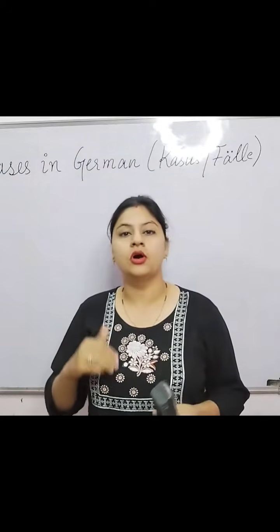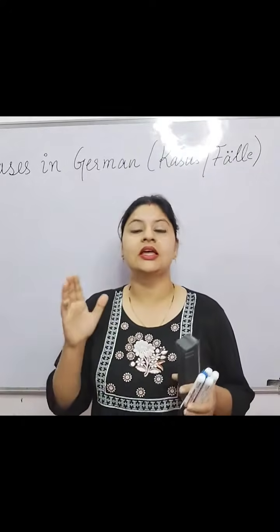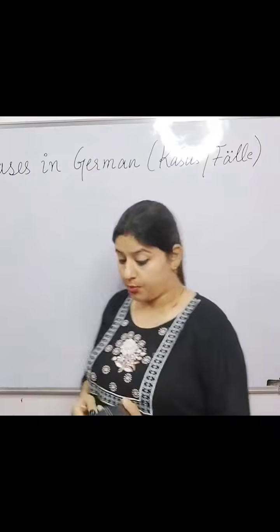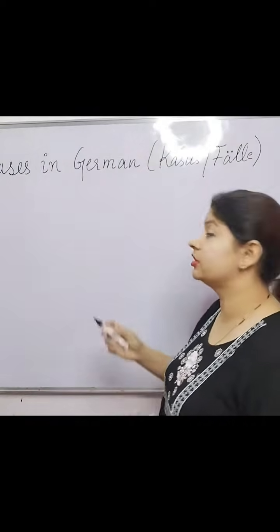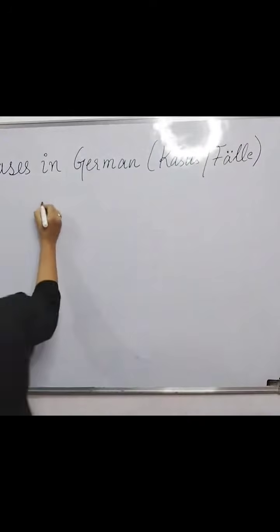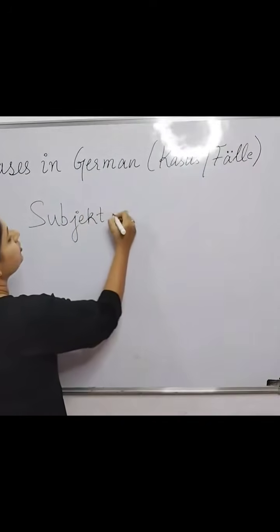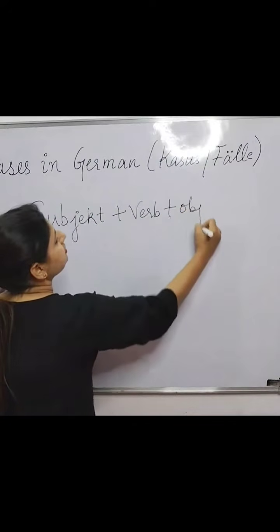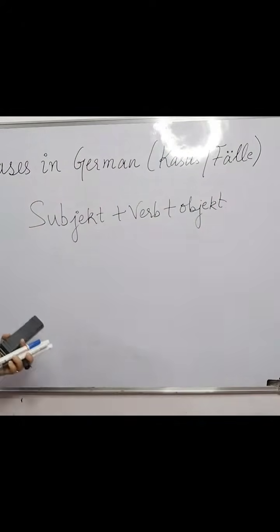First of all, I am going to start with our first case, that is nominative. If I talk about the simple sentence structure, that will be Subjekt, Verb, Objekt. So subject plus verb plus object.